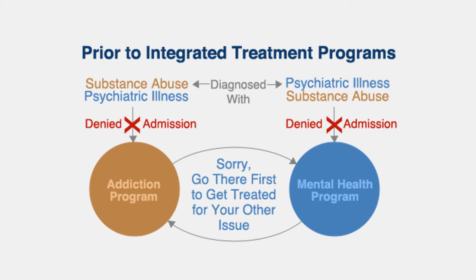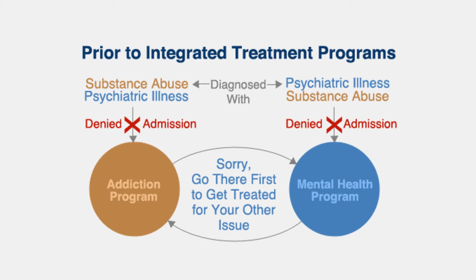And so addiction treatment programs maybe were telling people, hey, we can't accept you because since you do also have a psychiatric illness, that's above our scope of practice. That's not something we have the capacity to deal with. And so in order for you to come into our program to treat your addiction, we need you first to get some more support around your mental health diagnosis.